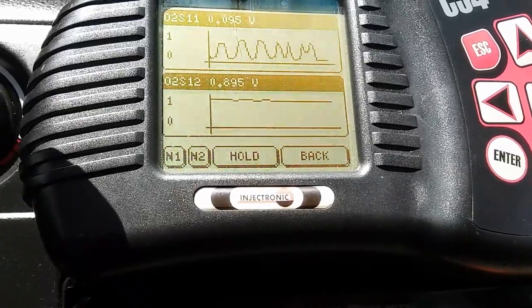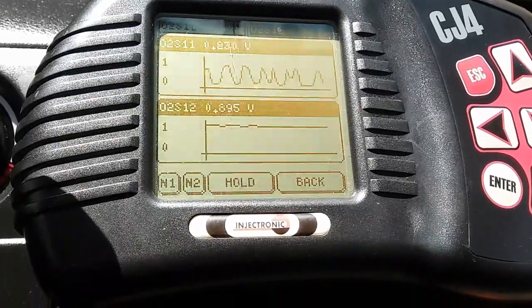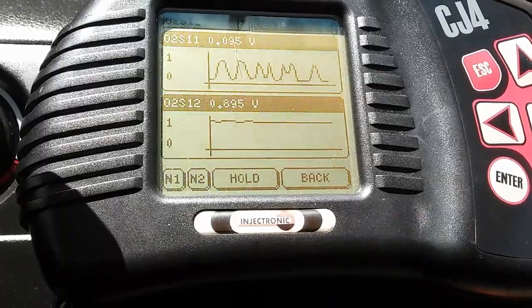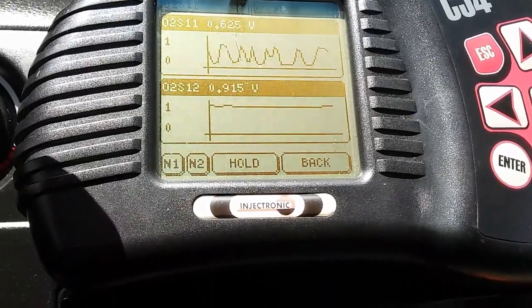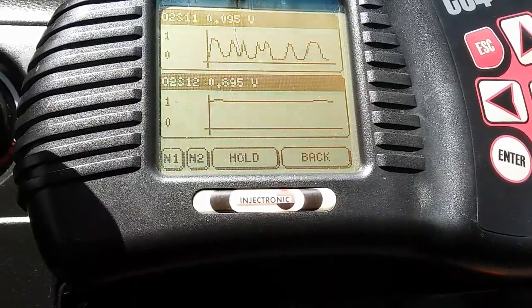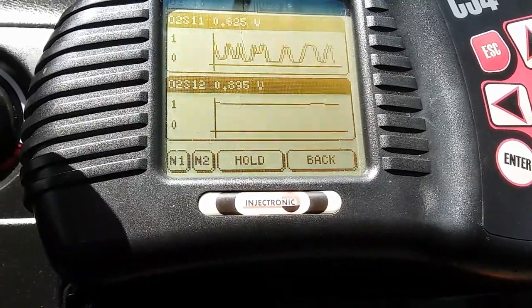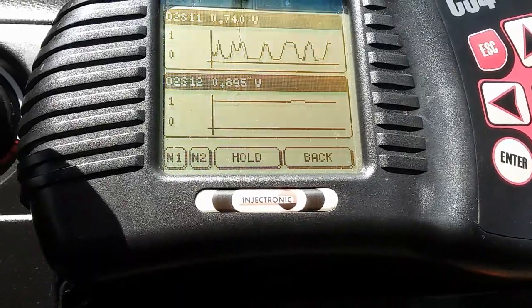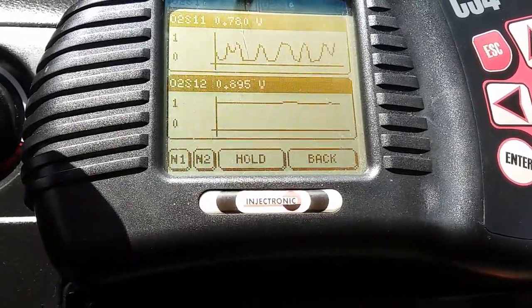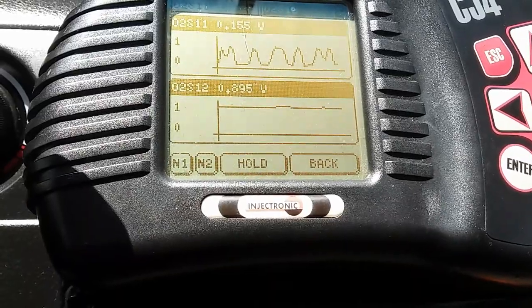So far, just by looking at this data, this catalytic converter is working properly. Like I said, as soon as the catalytic converter gets hot, the O2 sensor gets hot, this voltage just remains steady with very minimal fluctuations.